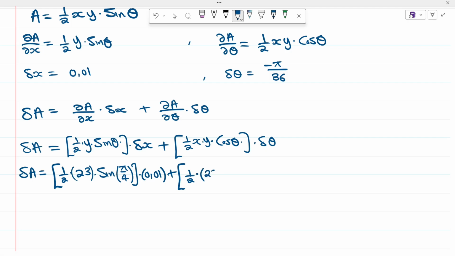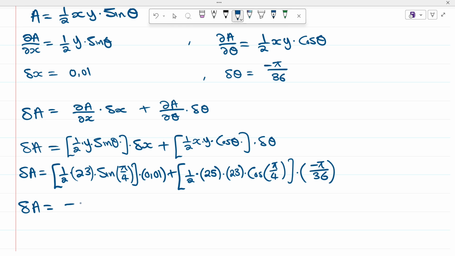We agreed that it's going to be 25 multiplied by y, which is 23, multiplied by cos of pi over 4 multiplied by the small change in theta. That's going to be negative pi over 36 there, and then you press all of this in your calculator.